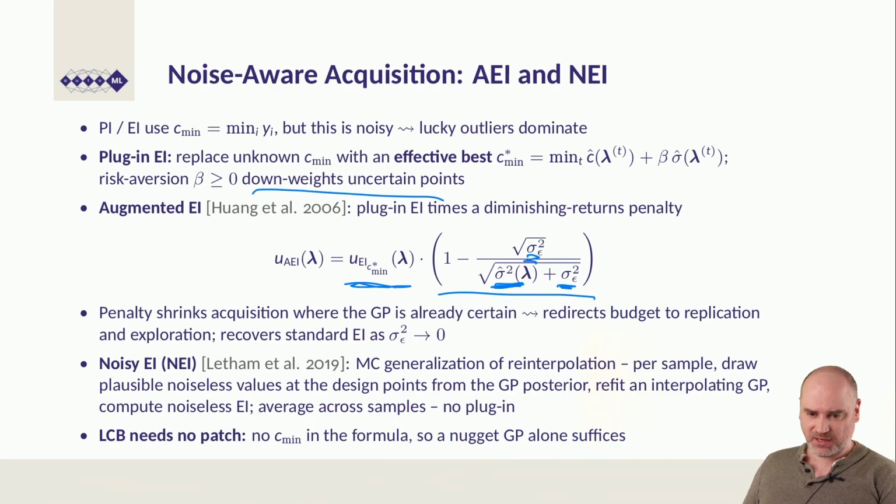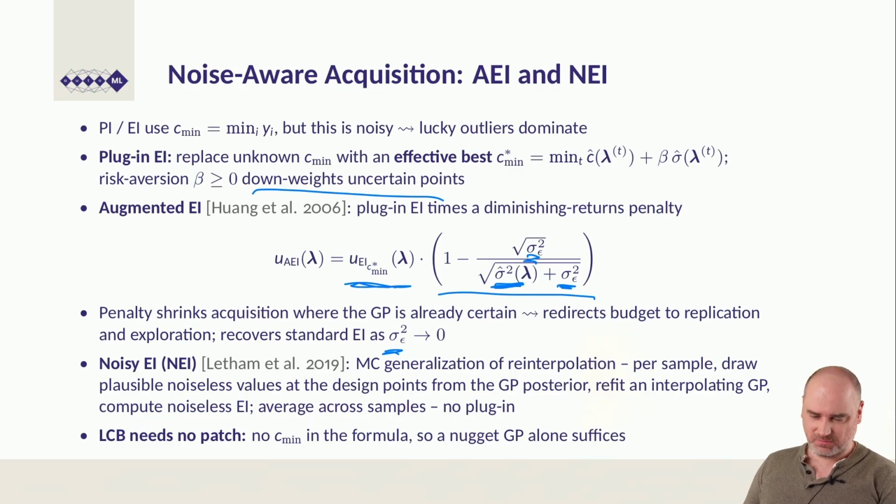And this penalty shrinks the acquisition function where the Gaussian process is already certain, and it redirects budget to replication and exploration. If this thing here goes to 0, you are pretty much going to standard EI, but this is a correction factor you are multiplying now on top of this changed EI with the smooth version of the Cmin.